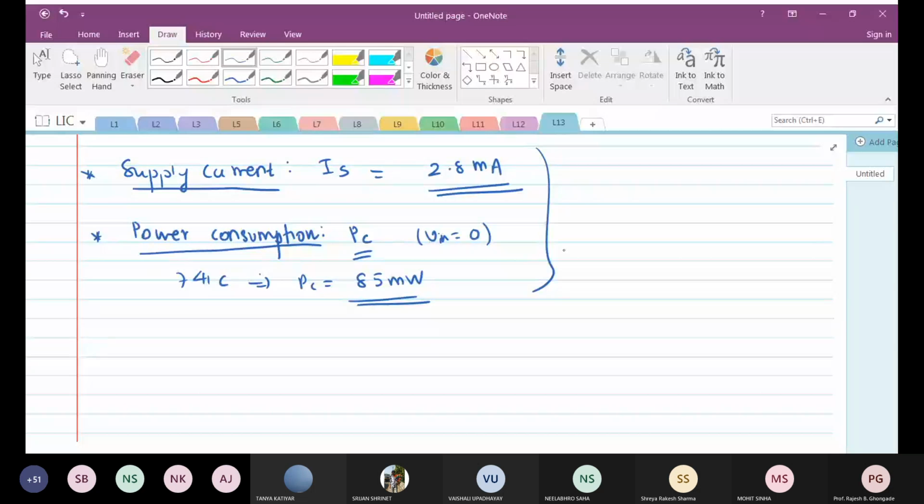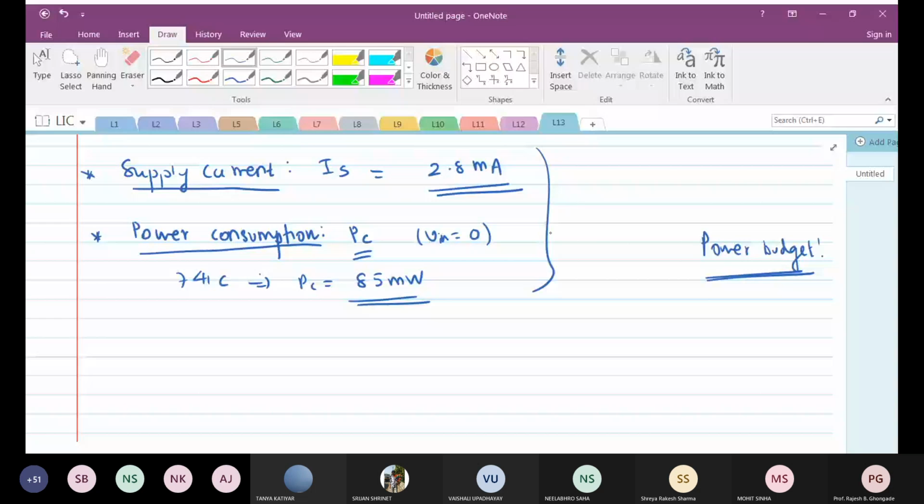Estimating the power supply requirements is called the power budget. This is very, very important. If you land up with a very poor power supply, in the long run your device or your circuit won't be able to perform in the optimal way, the way it is designed to. So these two things are very important.